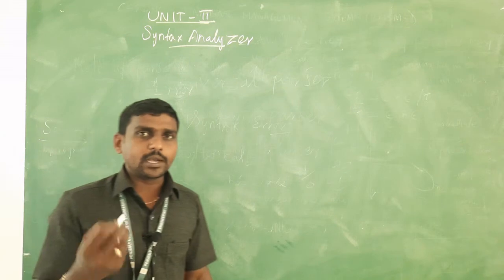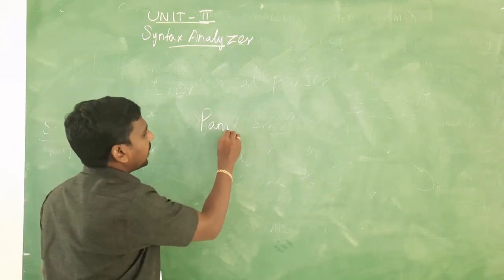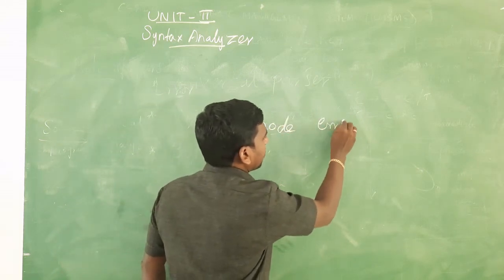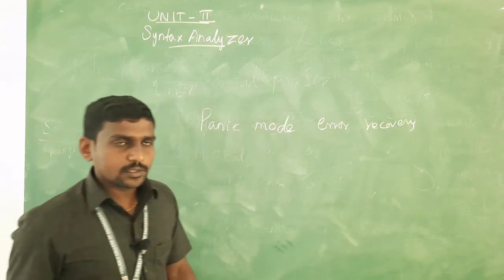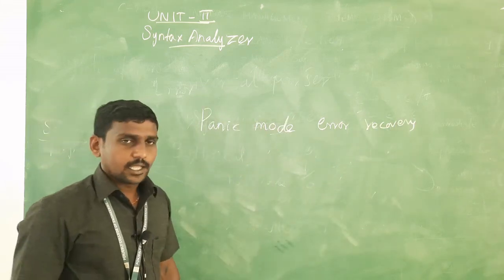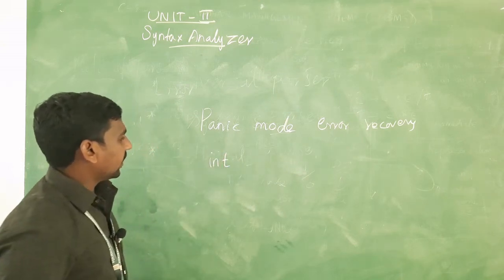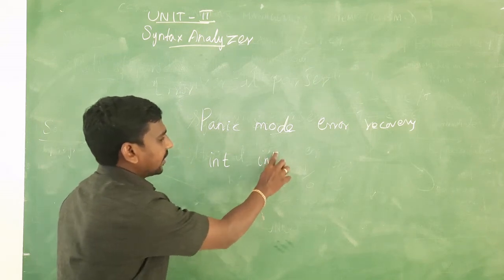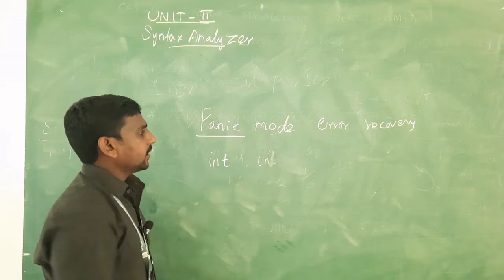So how we rectify this error: one of the main strategies is called panic mode error recovery. The method here is, if the programmer puts some error, for instance writing in instead of int, this is an error.